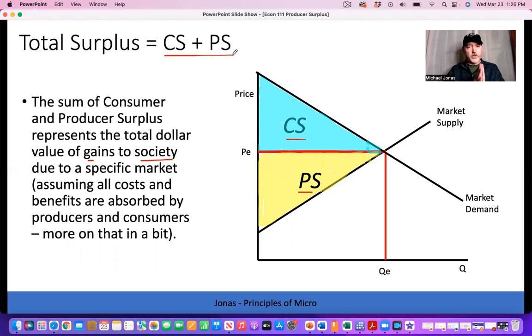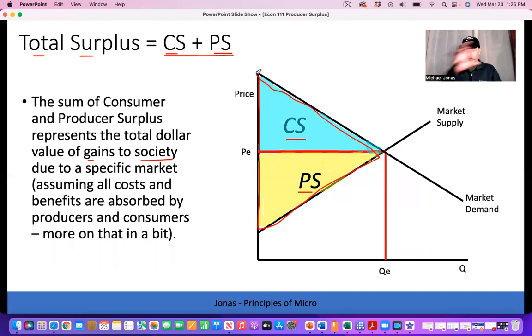The other thing to note at this basic point is that when we start to measure value by the sum total of consumer and producer surplus, and all we care about is this total area that contains both of our special little triangles, CS and PS, we're no longer really concerned about how much is going to the consumer, how much is going to the producer.